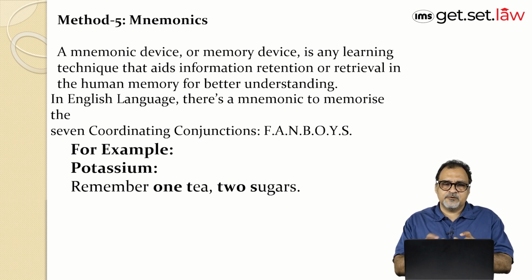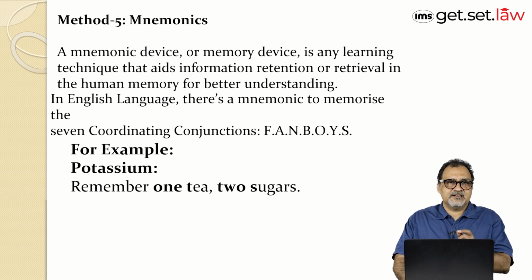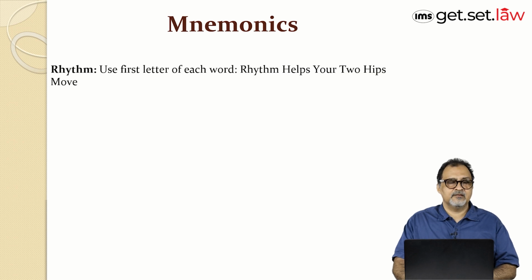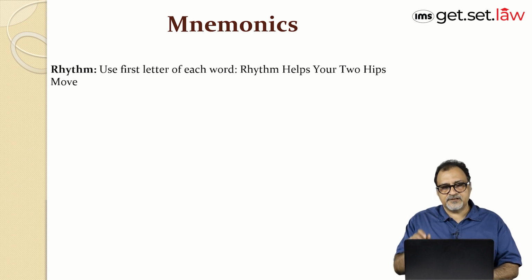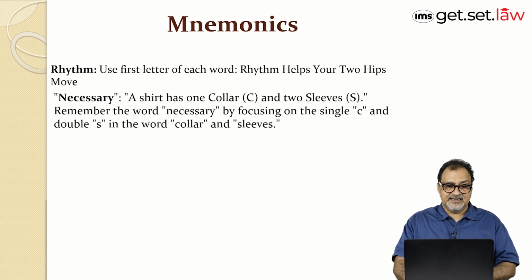The only problem would be perhaps in T and S. So when I say 1 T, 2 sugars, I know that potassium spelling will contain 1 T and 2 sugars. Rhythm, for example, is a frequently misspelled word. Use the first letter of each word. Rhythm helps your 2 hips move. So now you know the spelling of rhythm. So that is another example of a mnemonic.